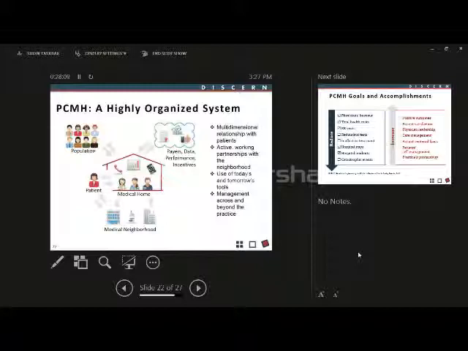This next slide that says PCMH, a highly organized system, is our graphic conception of how the patient-centered medical home works. And it guides our work in directly consulting with and coaching primary care practices to operate as patient-centered medical homes.